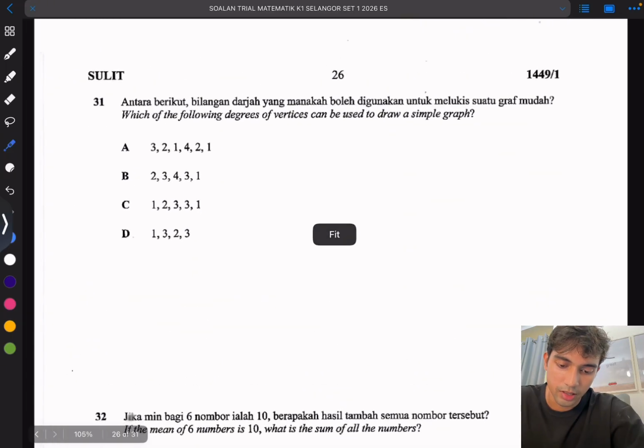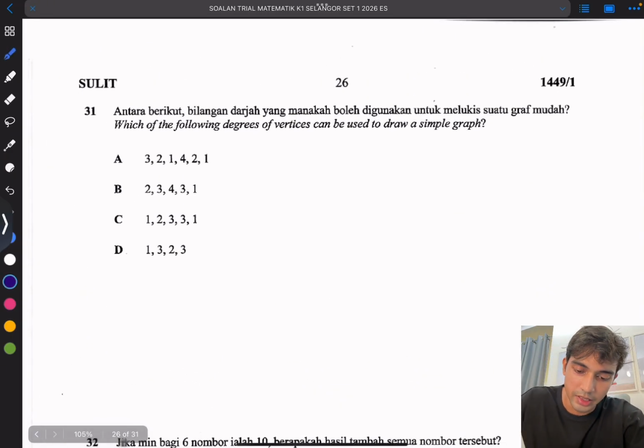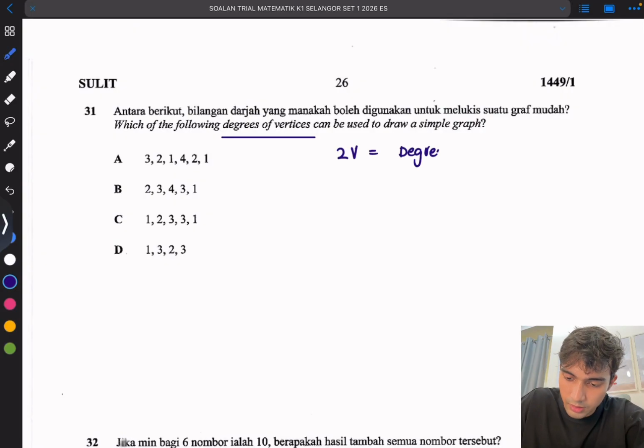Right. Next question. Which of the following degrees of vertices can be used to draw a simple graph? Okay. So for a simple graph, the total degrees is 2 times the number of vertices.